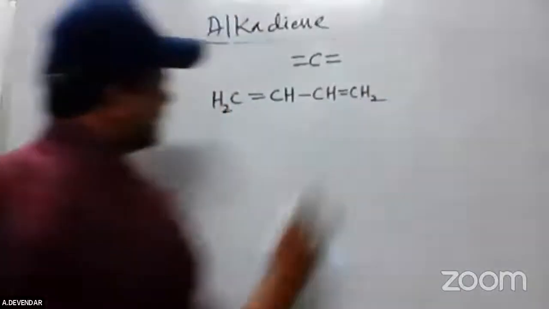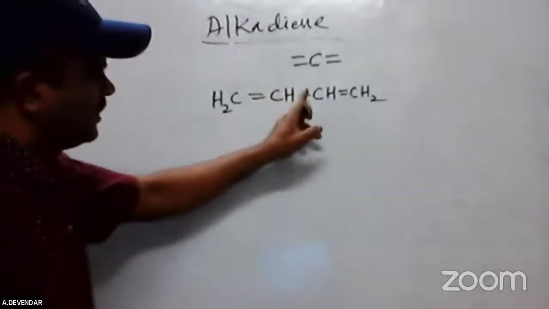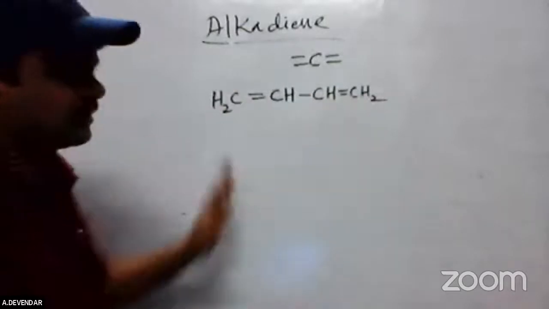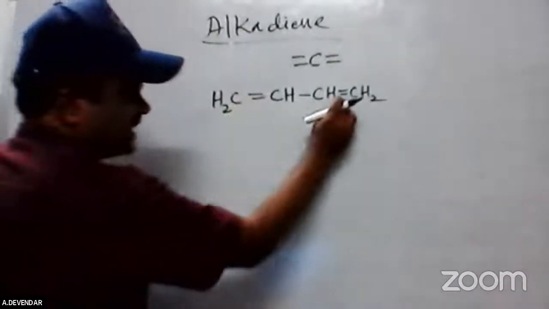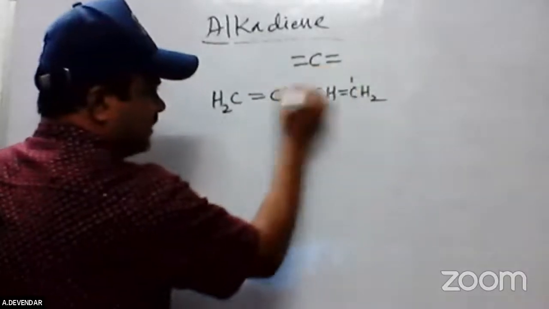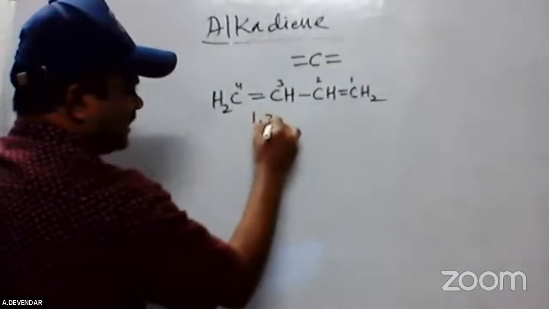Now, number the carbons 1, 2, 3, 4. Now name the compound. This is the functional group. The double bonds are at the first position and the third position.